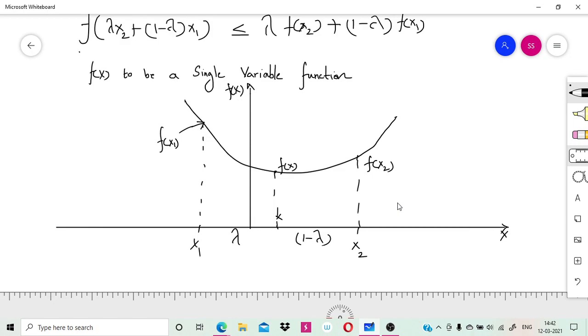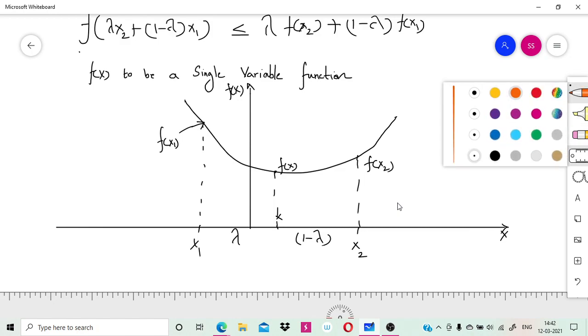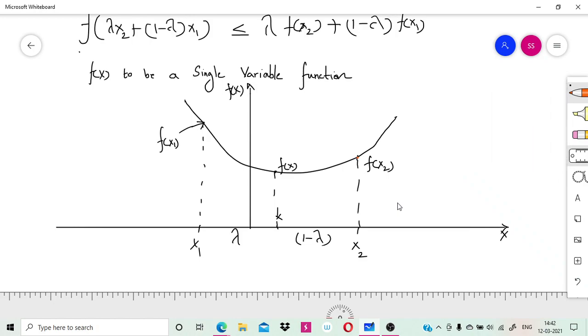I'm also considering a line joining f of x1 and f of x2, which are the 2 points on the f of x graph.